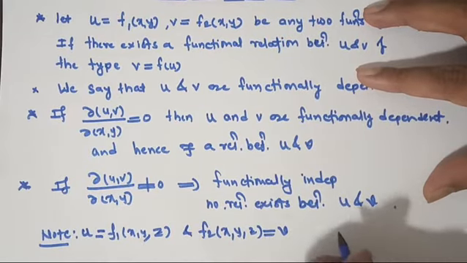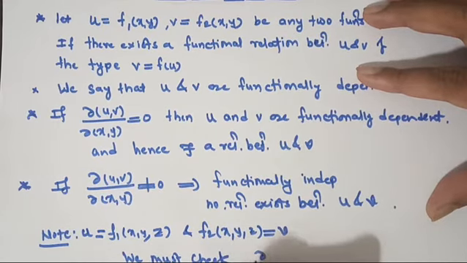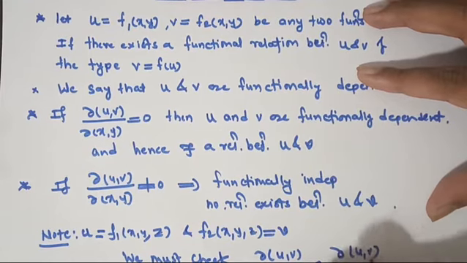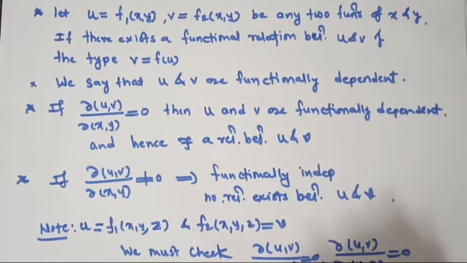Now for their functional dependence, we must check Jacobian of uv with respect to xy equal to 0, as well as Jacobian of uv with respect to yz equal to 0, and Jacobian of uv with respect to xz equal to 0. So you have to check all these conditions, then we see that it is functionally dependent.